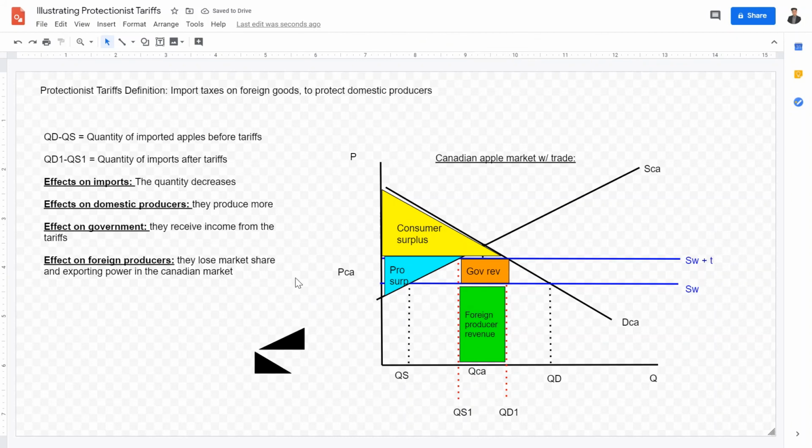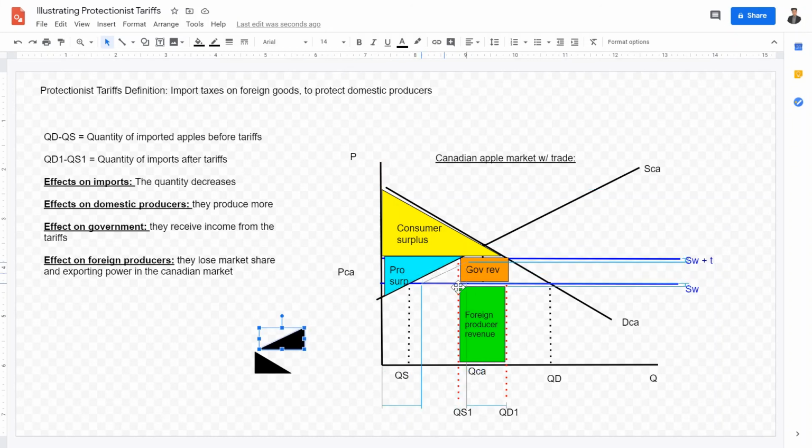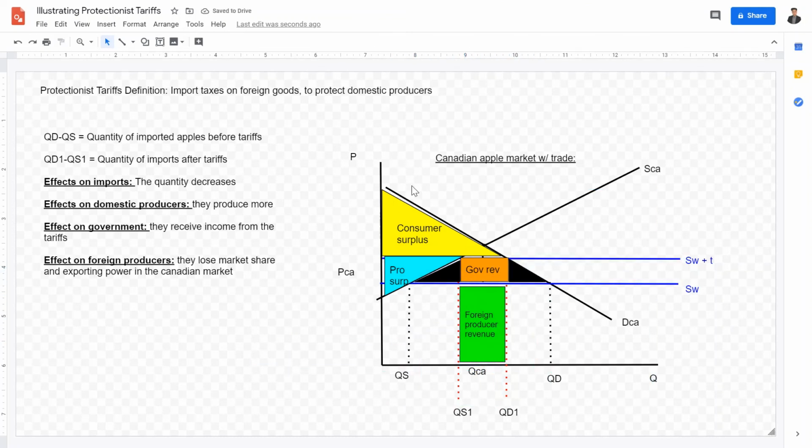Now, as we have seen from comparative and absolute advantages, putting tariffs and protectionist policies actually has a net harm because of total welfare loss. Total welfare loss is represented through these two black triangles. So these two black triangles represent total welfare loss as a result of this protectionist tariff.